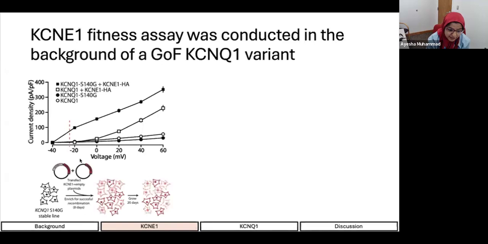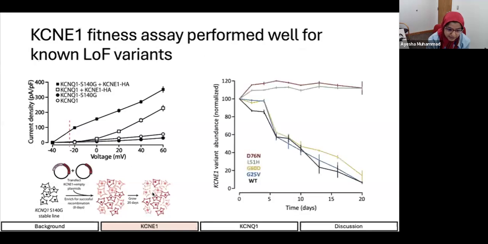We then validated our assay by taking a stable HEK landing pad cell line that stably expressed KCNQ1 S140G, transfected it with wild-type KCNE1 or variant KCNE1 plasmids and empty plasmids, and grew out the cell pool for 20 days. Here on the x-axis, you'll see time, and on the y-axis is the variant abundance compared to the empty plasmid cells.